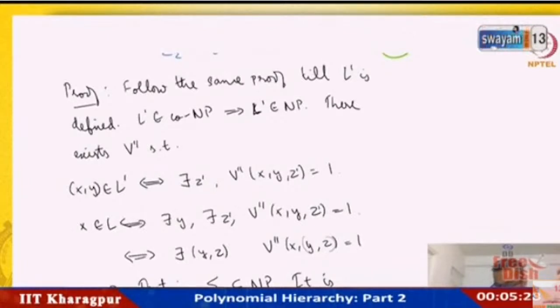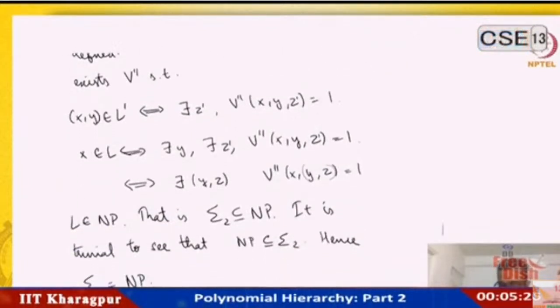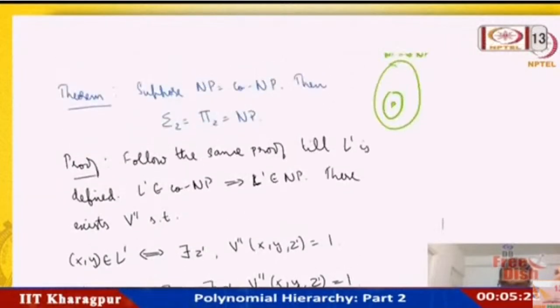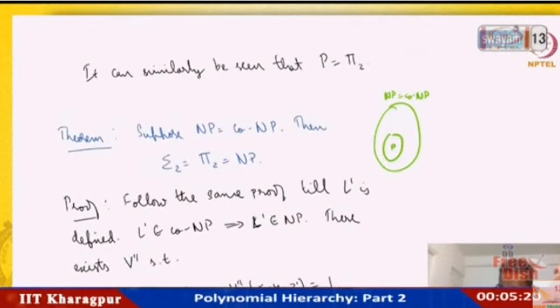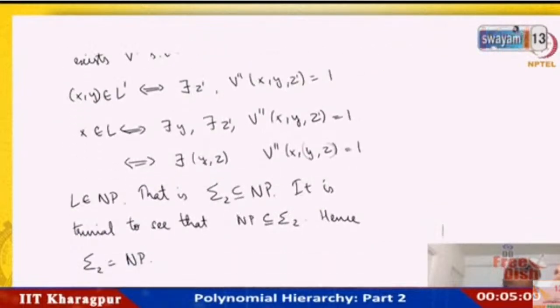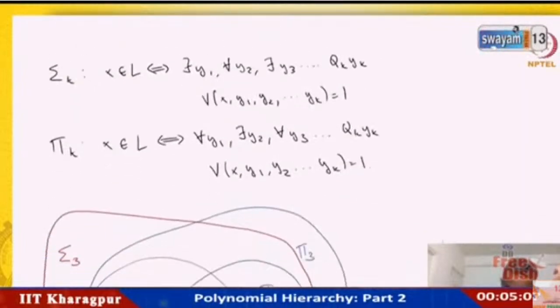So combining the two there exists quantifiers, we'll be able to show it is in NP. So you can work out the details. The point is that if P is separate from NP, but NP is equal to co-NP, then everything, sigma 2, pi 2, everything will collapse to this point, right?